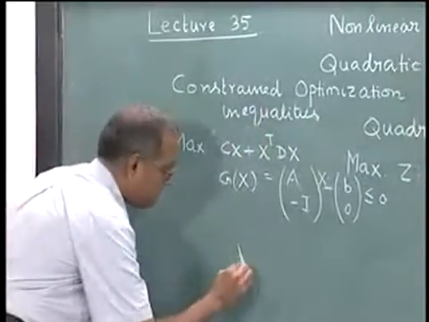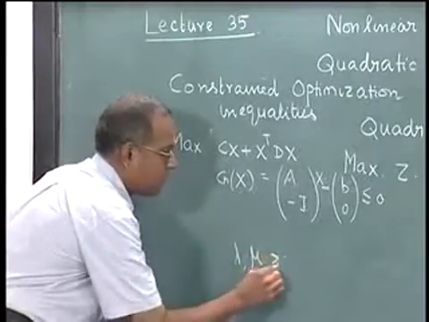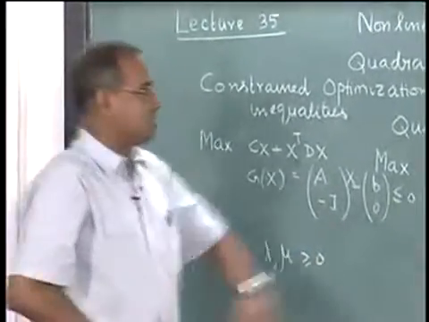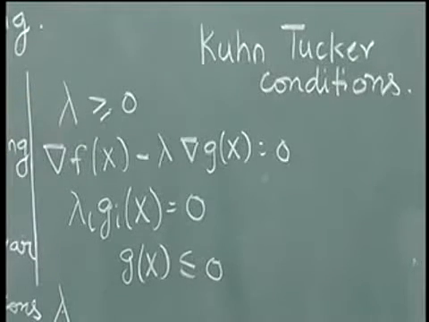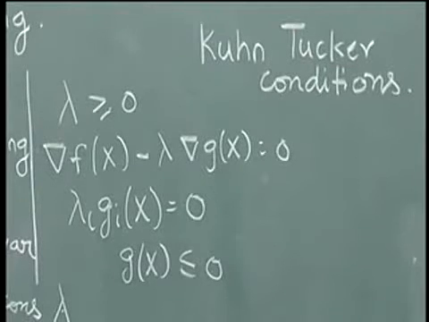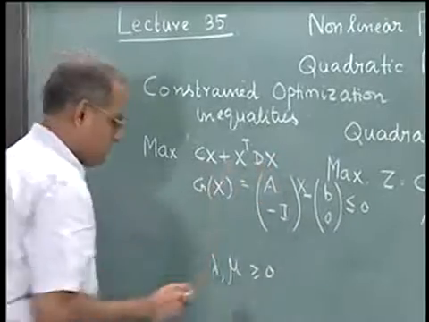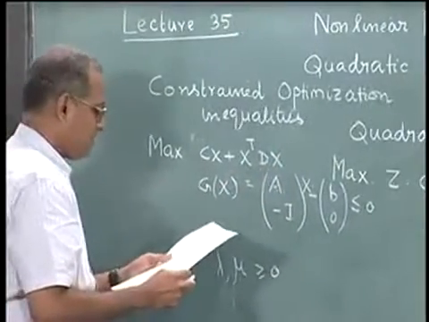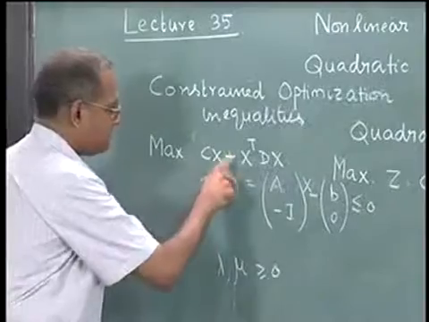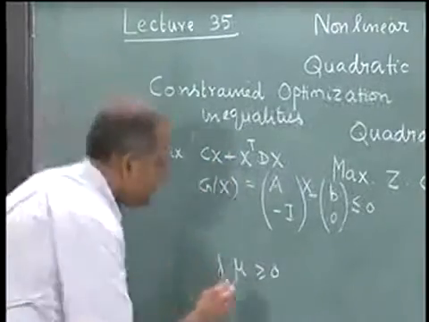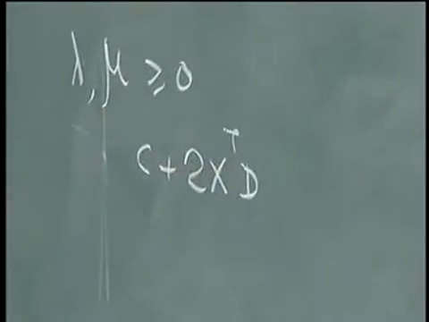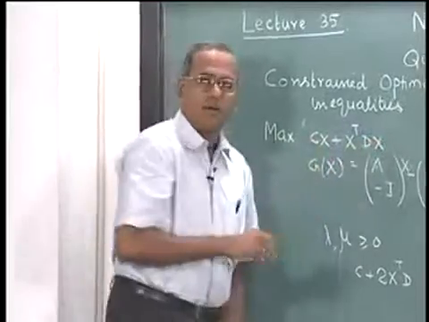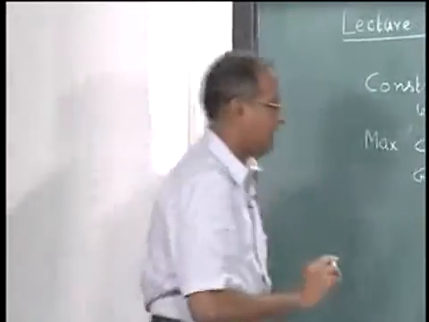So both lambda and mu are greater than or equal to 0, because these represent all the Lagrangian multipliers. Del f(x) minus lambda del g(x) would give the partial derivative of this, which is c. So del f(x) will be c plus 2x transpose D, the derivative of this, minus lambda del g(x) equal to 0.